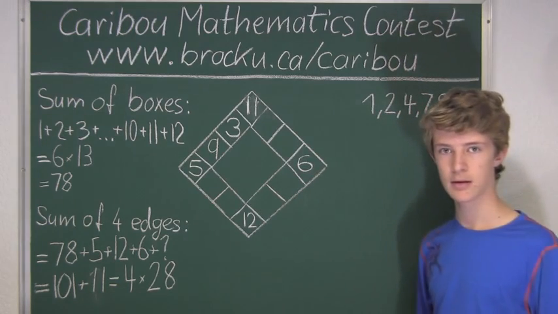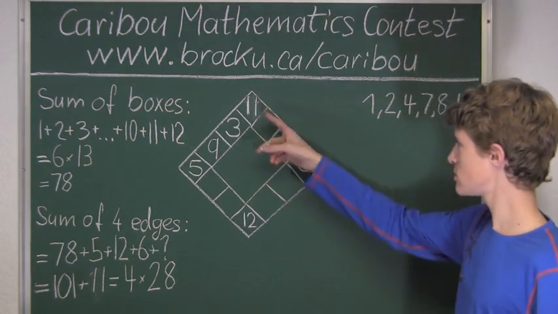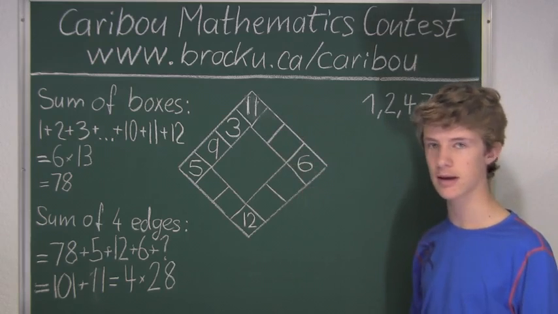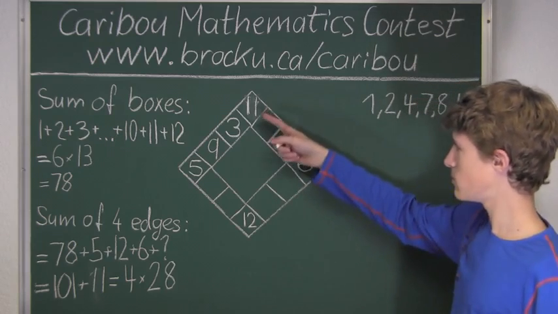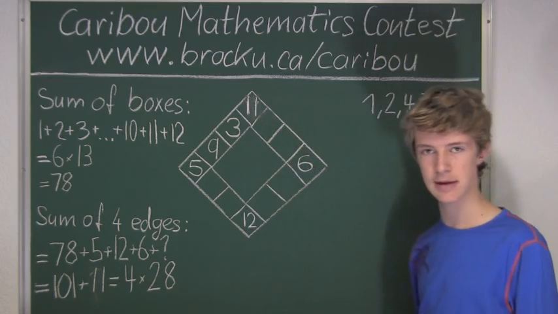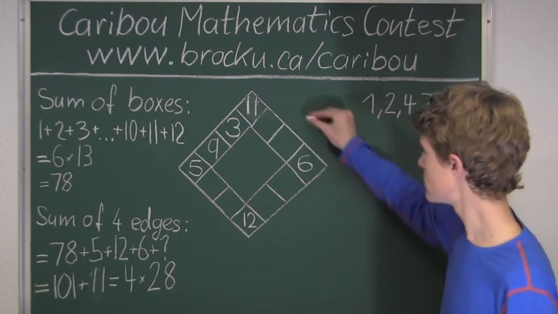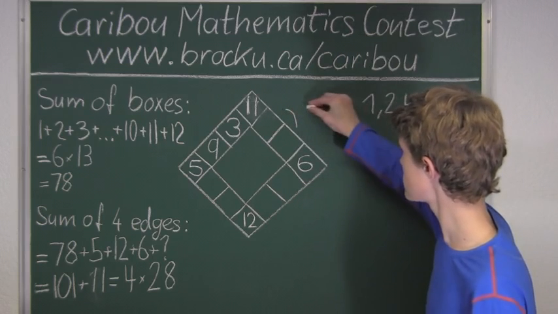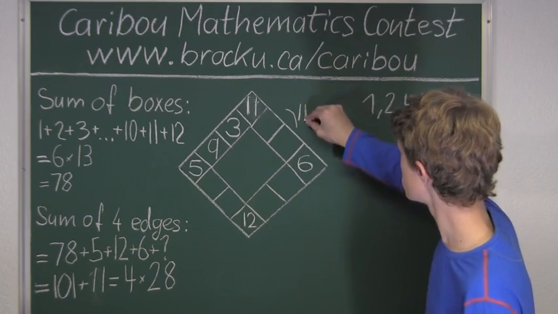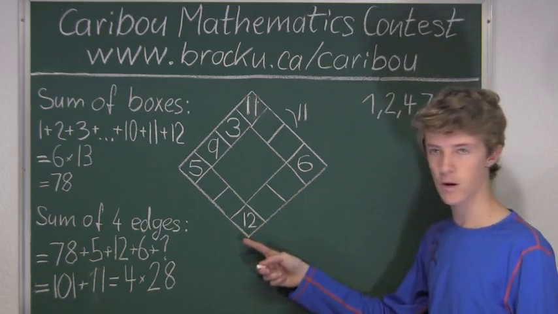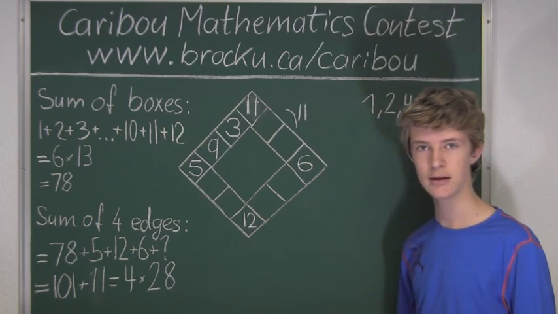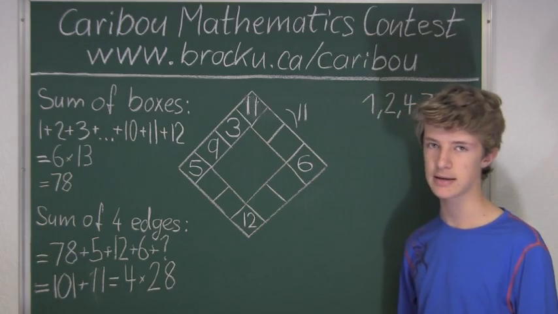So now we know that each edge totals up to 28. So here we would do 11 plus 6 is 17. So 28 minus 17 is 11. So we know that these 2 numbers must add up to 11. Here we have 12 plus 6 is 18, and 28 minus 18 is 10.